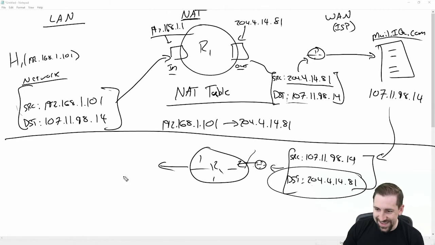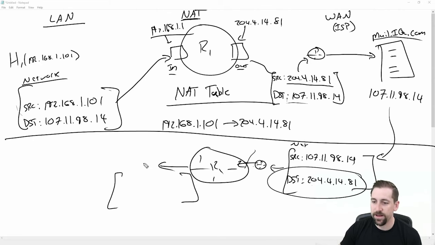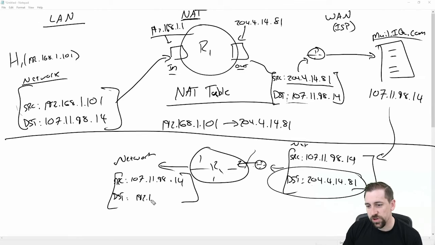So on this side now, what does the network header look like? This is what we're showing in these brackets. This is the network header. On this side, the network header has a source address of still 107.11.98.14 and a destination now of 192.168.1.101.